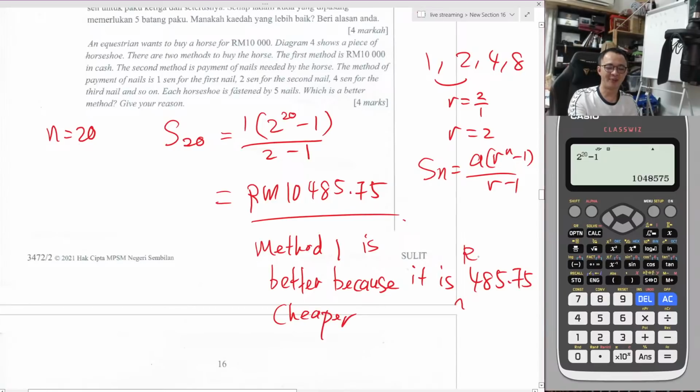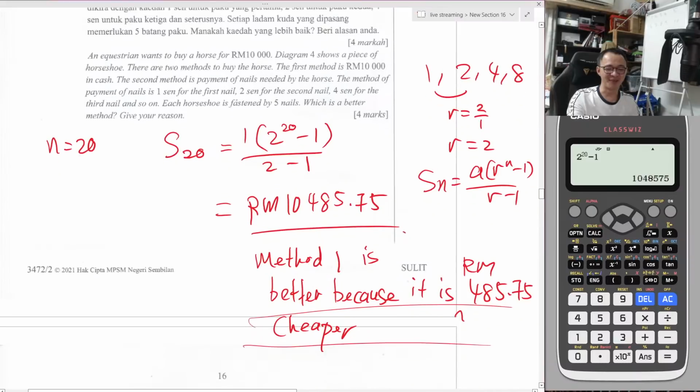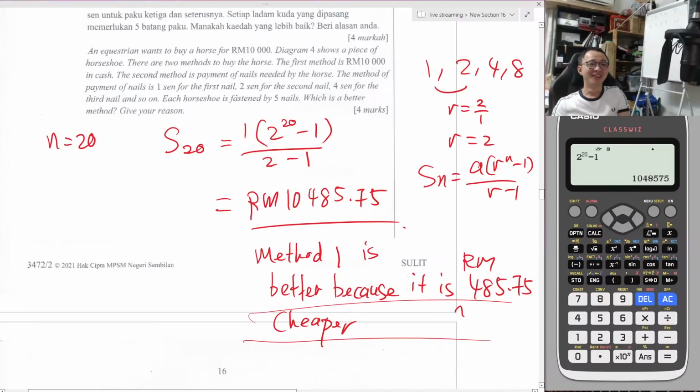So yeah, this is how the businessman traps you, because the businessman tells you the first nail is only 1 cent. Then you think, oh, I want to pay by the second method. Then you realize that the second method, when you sum up, is actually more expensive than 10,000. Yeah, because you think 1 nail is only 1 cent. It sounds like a lot cheaper, right? But this is the tricky part.